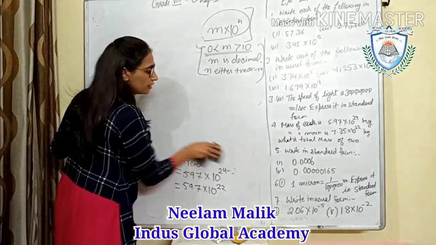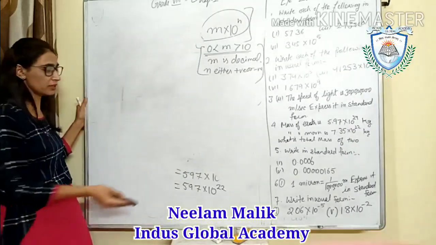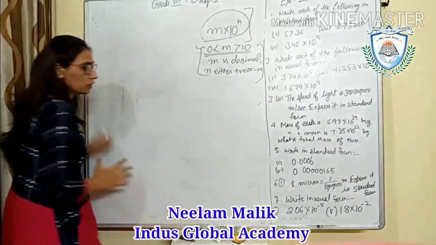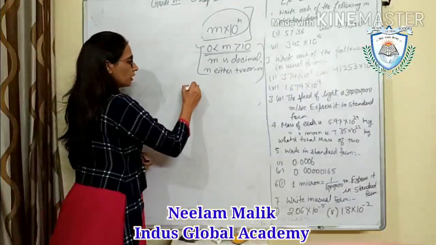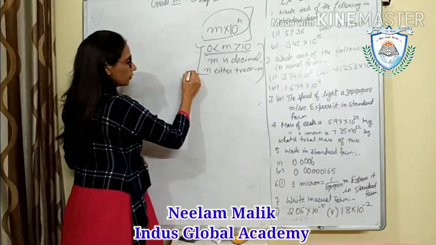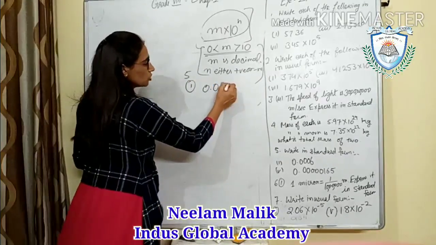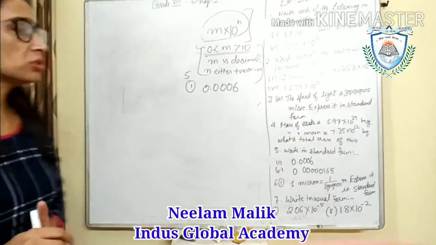Now we have to write our answer in standard form, means in the form of m into 10 raised to power n. I have taken 2 parts. One is, this is fifth, one part 0.0006. We have to convert this into standard form.